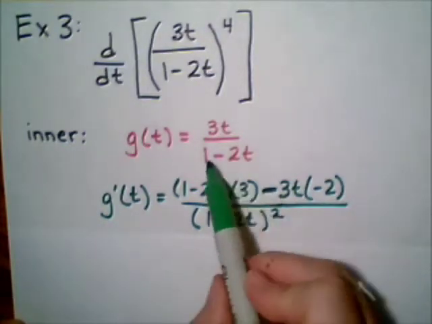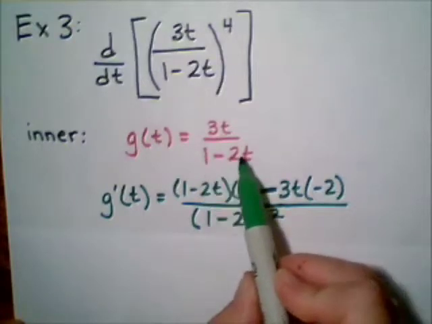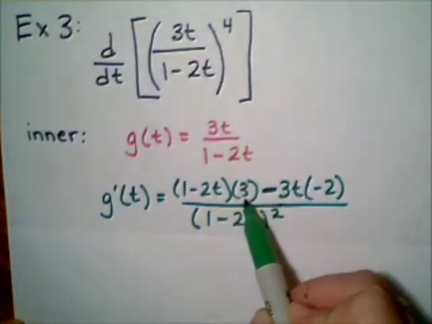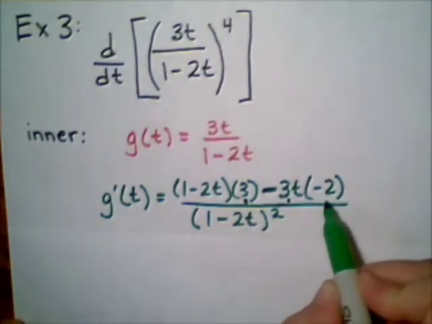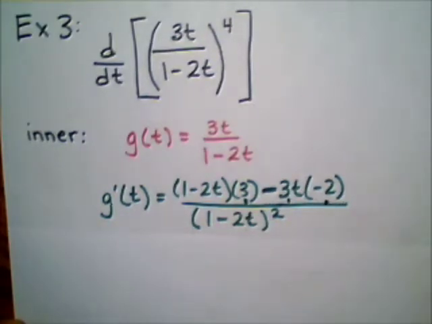So I have the denominator times the derivative of the top minus the numerator times the derivative of the bottom. You might want to pause and make sure you can reproduce this derivative. Also, go ahead and simplify it, and then you might want to hit play.